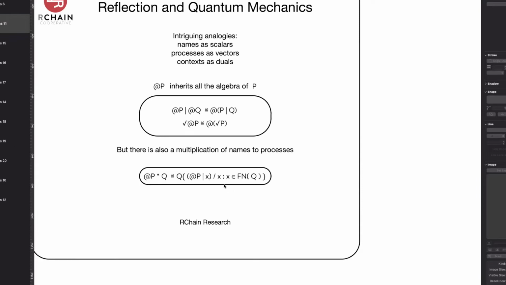And you can prove to yourself that if X is free, then @P par X for X is free. And this is also just a syntactical substitution. Just a syntactic operation. Okay. It's like given a process Q and a name @P, we get a new process, and it's defined in this way. Does that make sense? Yes. Okay.